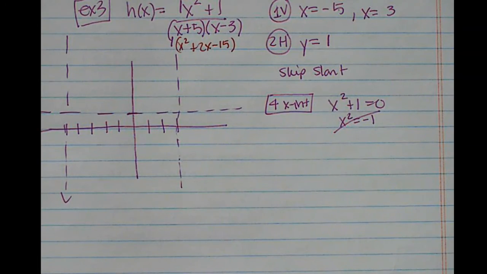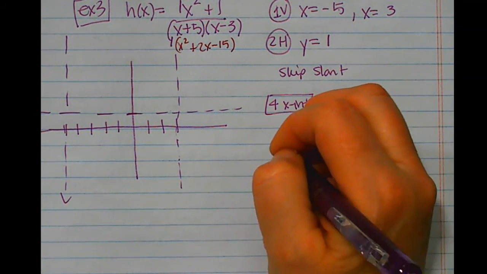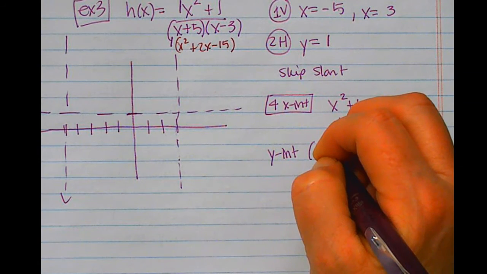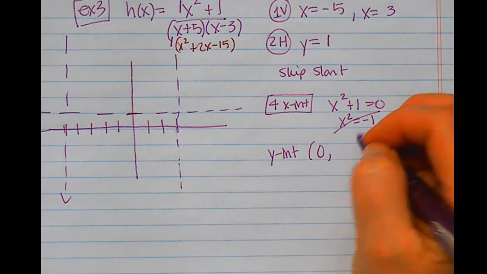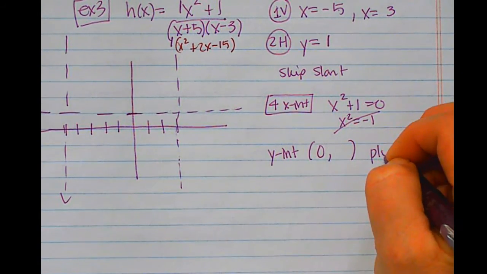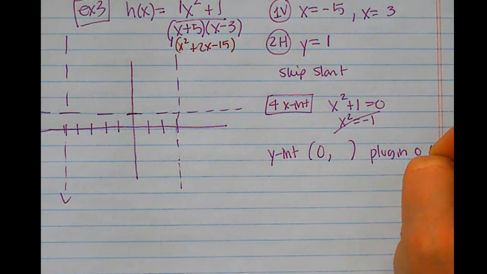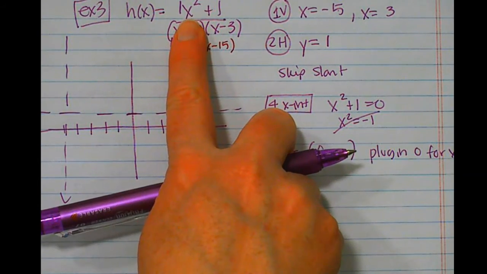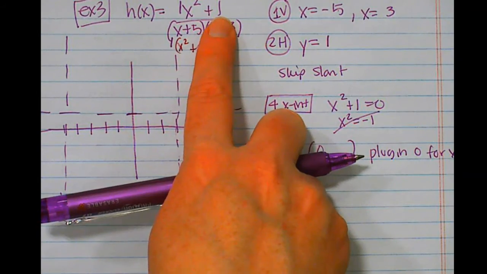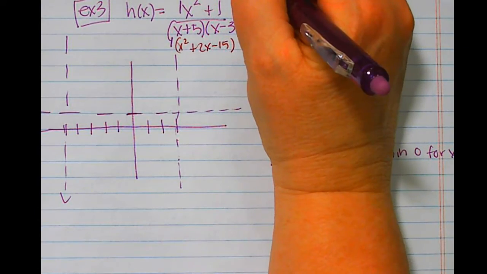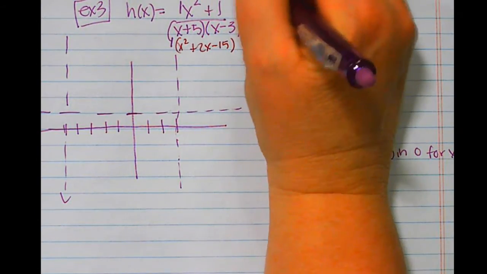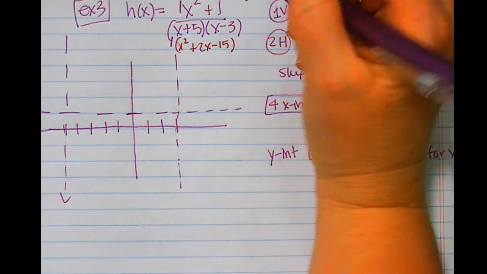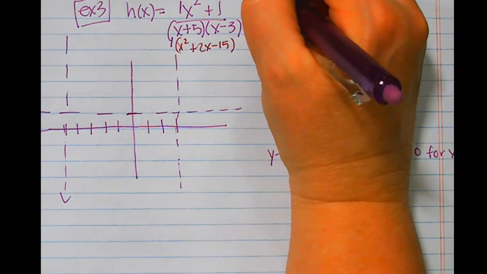I can figure out one more thing. I can figure out the y-intercept. I can plug in 0 for x. And so what would I get there if I plugged in 0? I have 0 in the top. 0 plus 1 is 1 over 0 plus 5 is 5 times 0 minus 3.